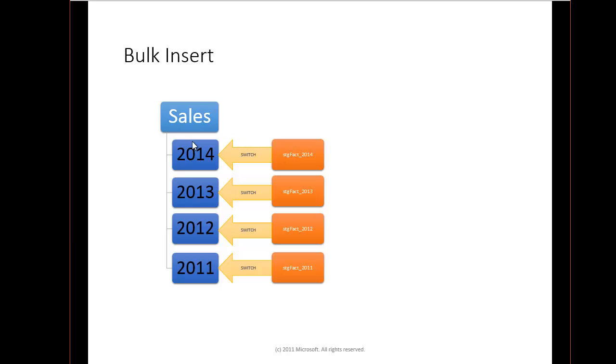Again, because it's only a metadata operation, now my sales fact table is populated with my data on a yearly basis here. So this is demonstrating how partition switching would be used for a bulk insert scenario.